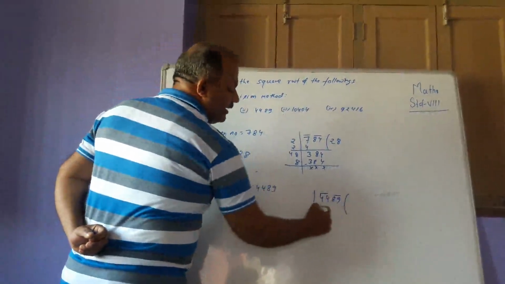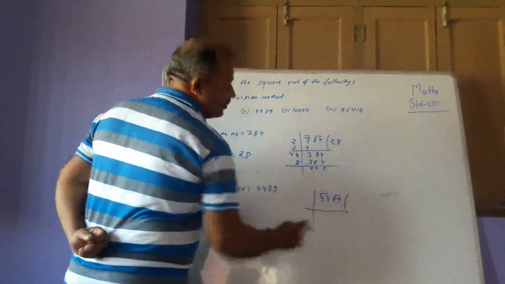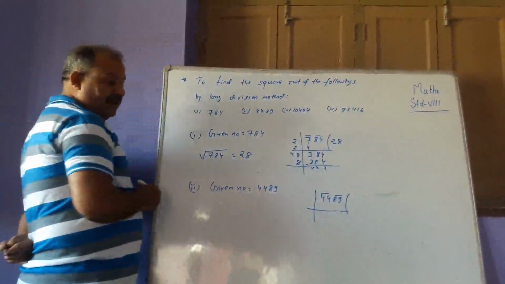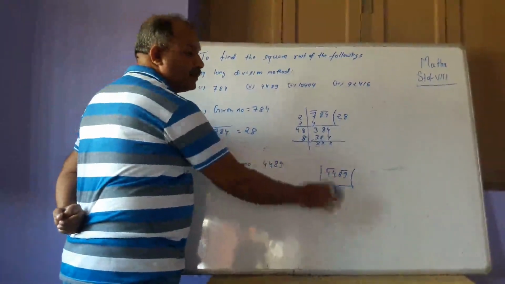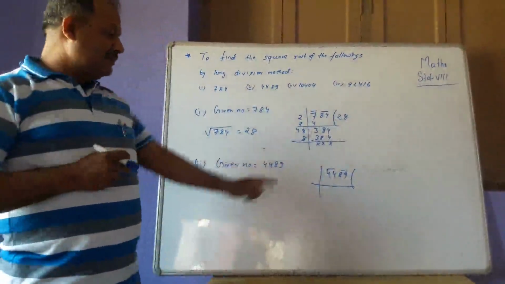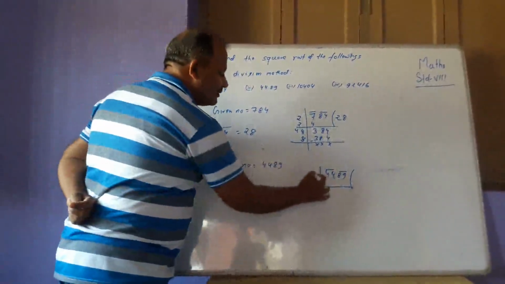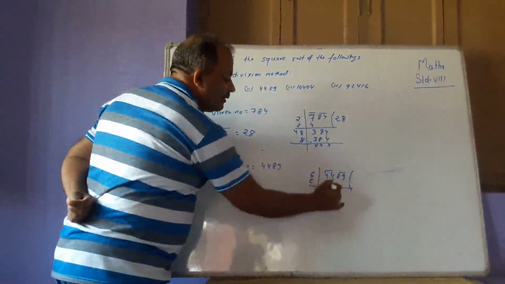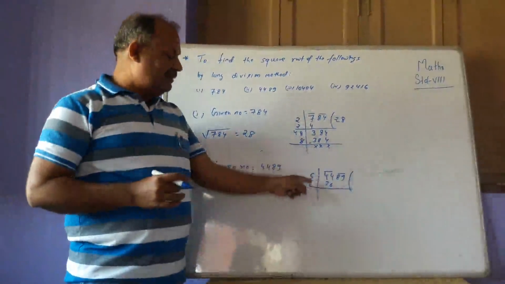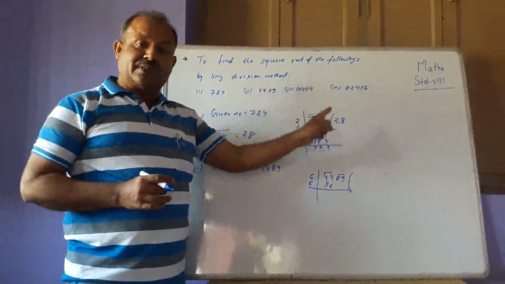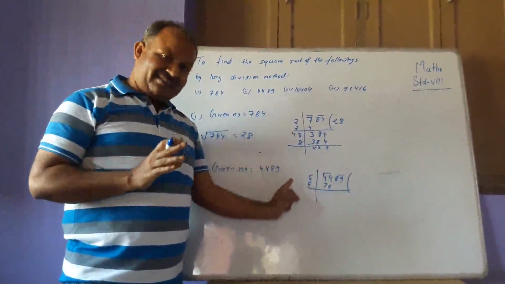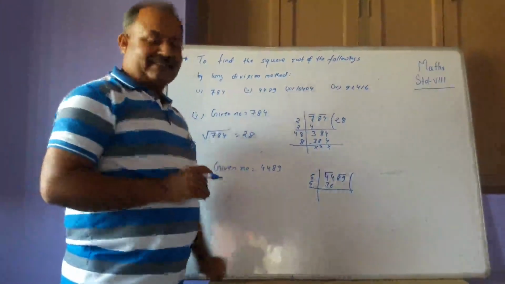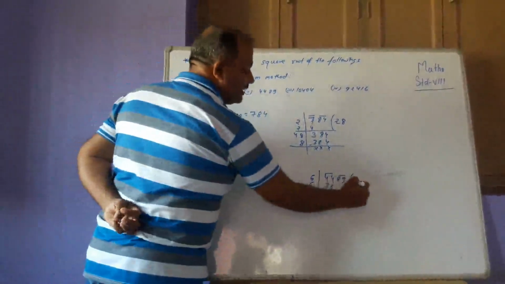And like this you have to draw another line. You have to search a number whose square is just before 44. 6 sixes are 36. If you take 7, 7 sevens are 49, which will be more than 44. And therefore we don't have to take 7, we have to take 6. 6 sixes are 36. You have to write 6 here.